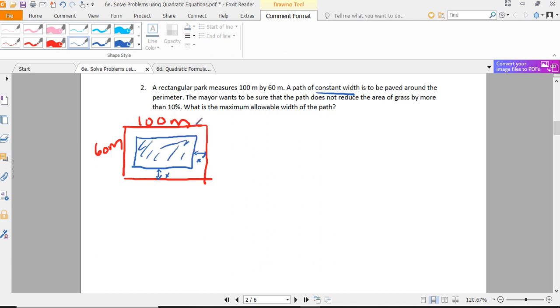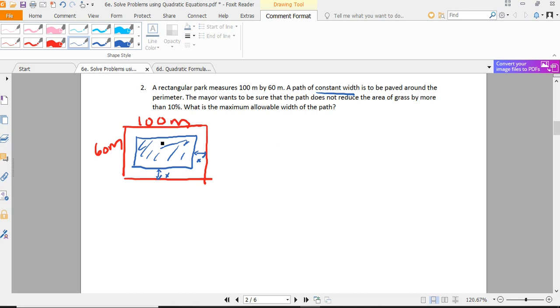Originally, the red represented the entire park. But we want to pave a sidewalk around it, or some kind of path around it, so that the area does not drop by more than 10%. So in other words, we still want to maintain 90% of the park.